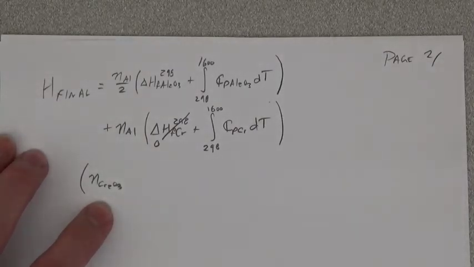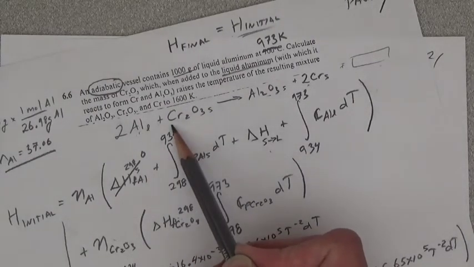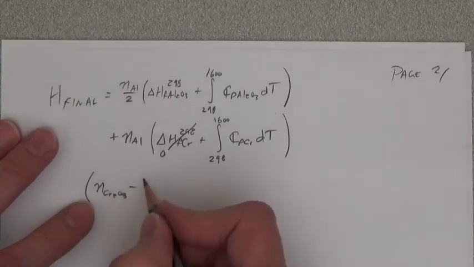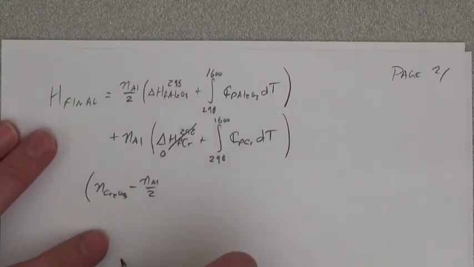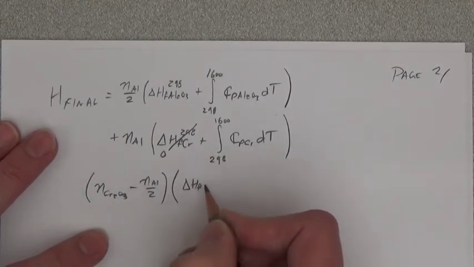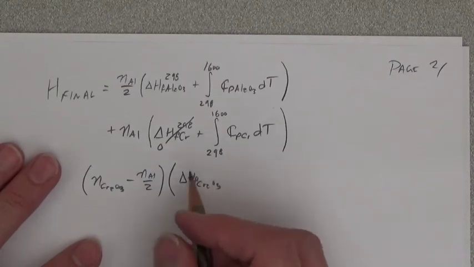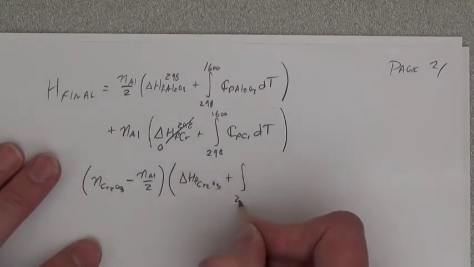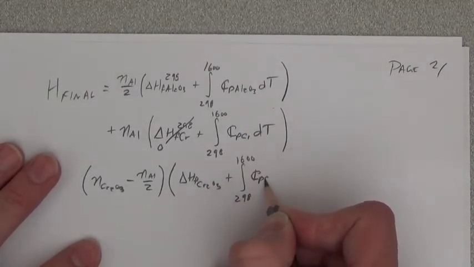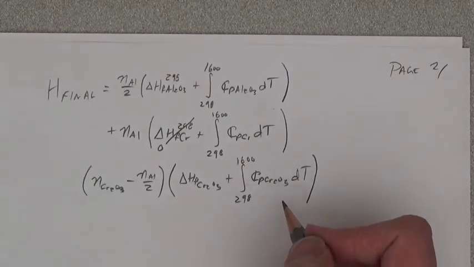And it reacts for every 2 moles of aluminum, we lose 1 mole of chromia, which means that's going to be minus N_Al over 2 times the enthalpy of formation of chromia plus the integral from 298 to 1600 Cp Cr2O3 dT. Okay.